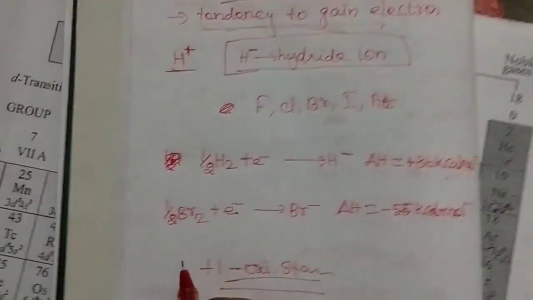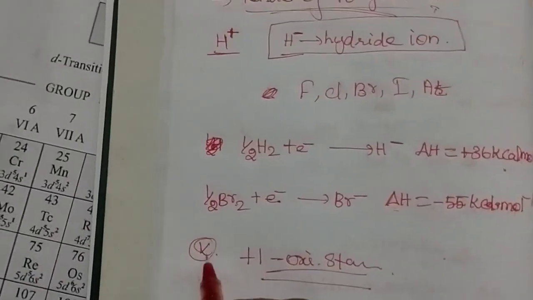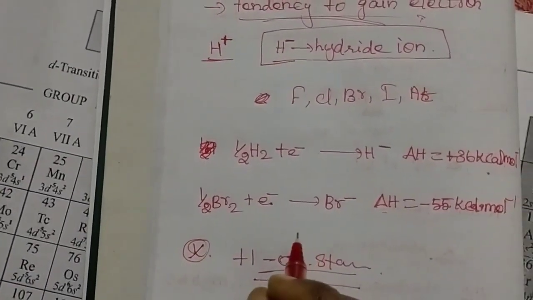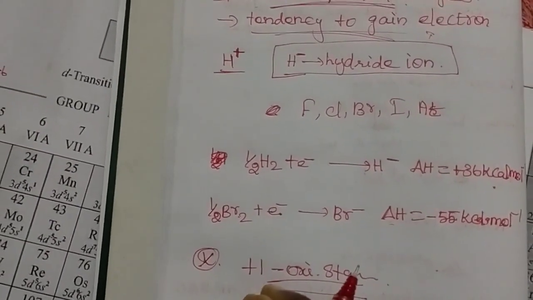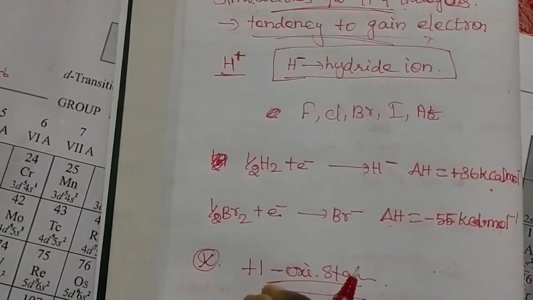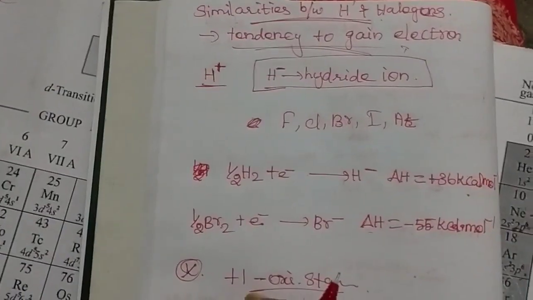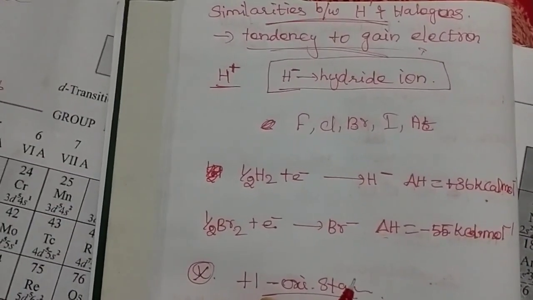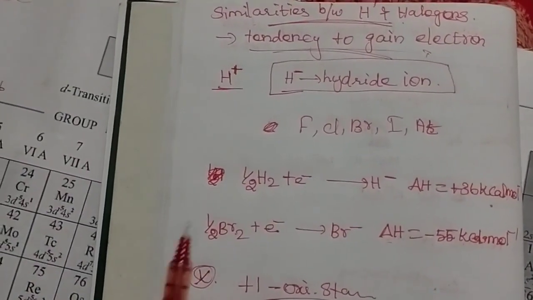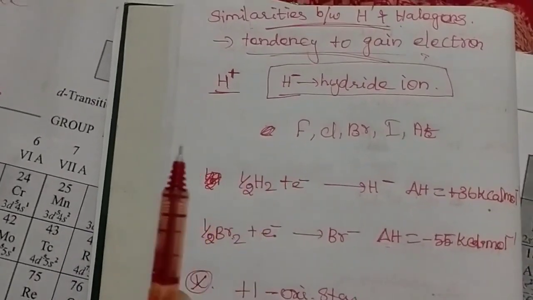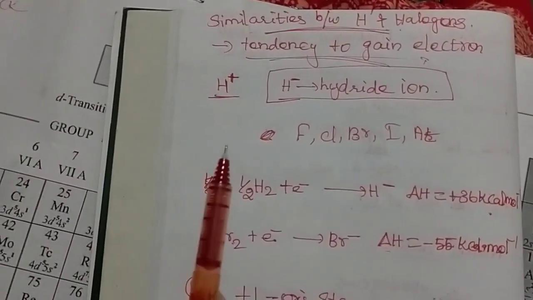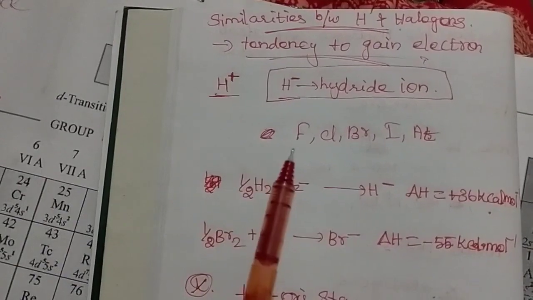This is one of the frequently asked questions from this unit. First question, similarities between hydrogen and alkali metals. Second question, similarities between hydrogen and halogens.